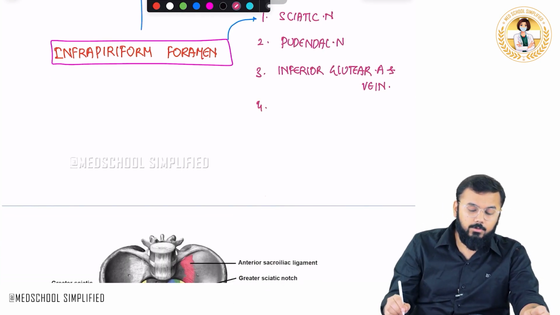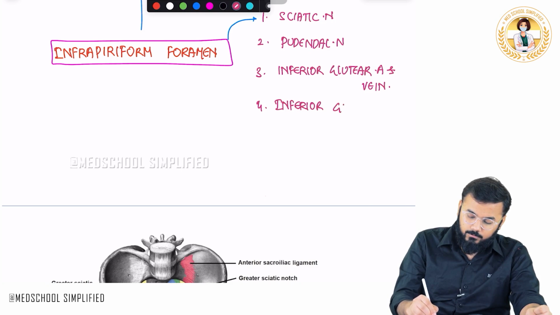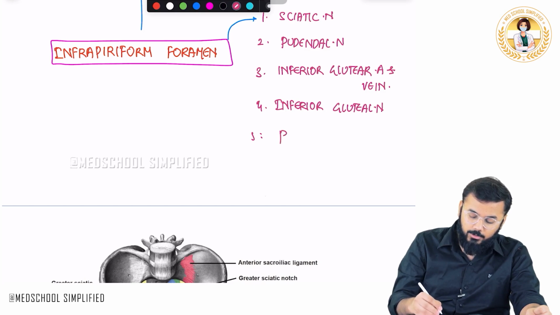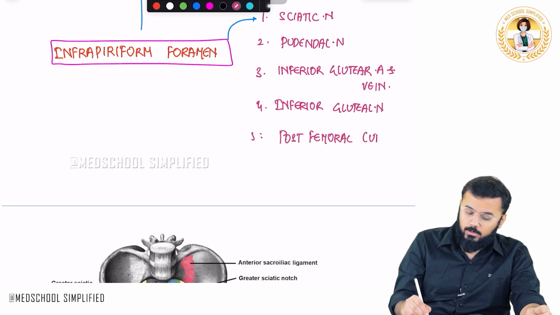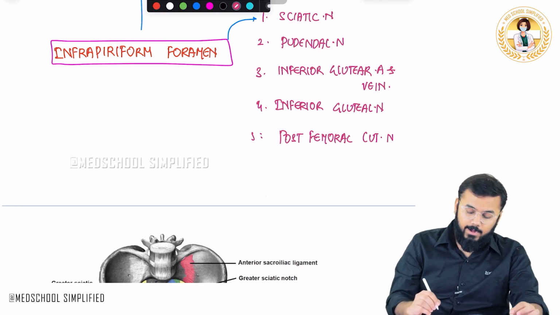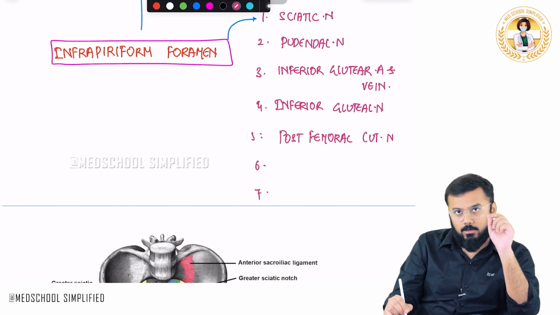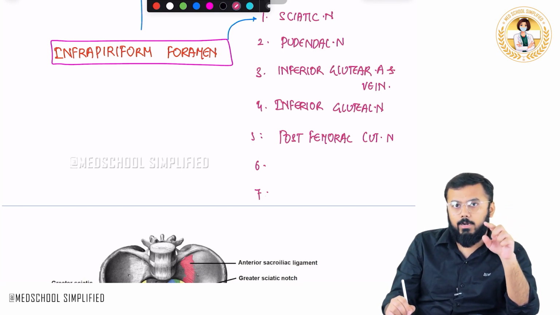And the fourth important thing you need to know is the inferior gluteal nerve. The fifth important thing is the posterior femoral cutaneous nerve. And sixth and seventh, one is the nerve to a muscle called obturator internus, and the second is the nerve to quadratus femoris.